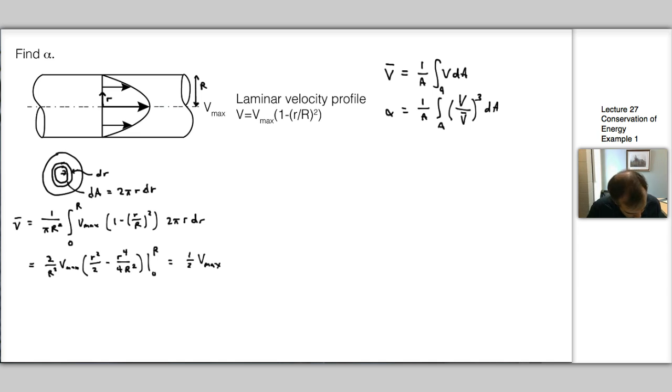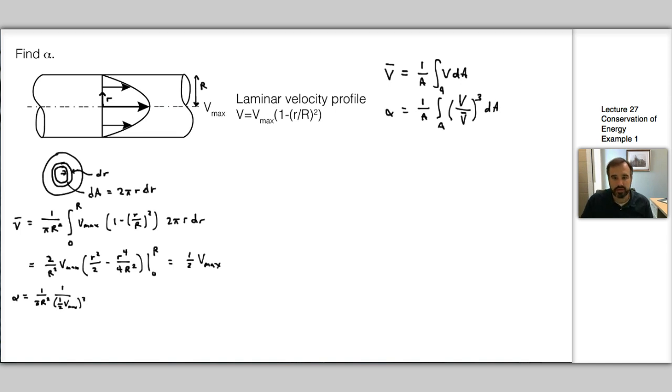So we get alpha is equal to 1 over pi R squared times 1 over (1/2 V max) cubed.